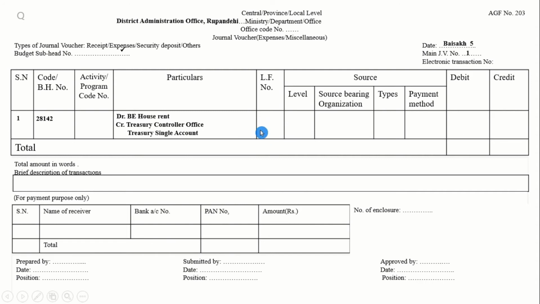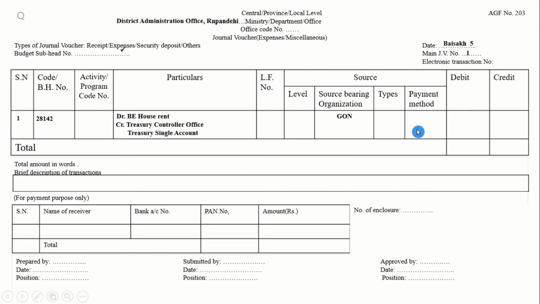And in label, we have to write the level of government, that is central, province or local level. In source bearing organization, we have to write the name, Government of Nepal. And in types, in this column, the type of source, cash, subsidy or loan, is written. Nothing is given in the question, so we don't have to write anything.